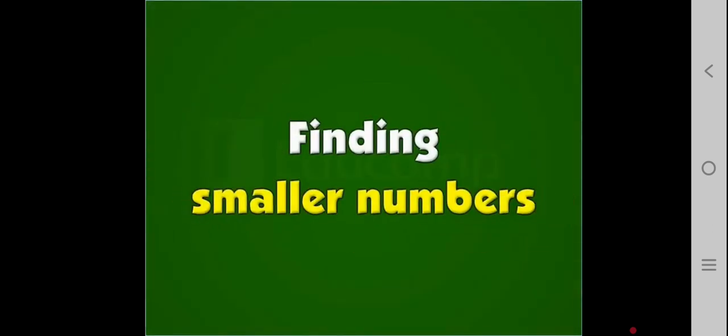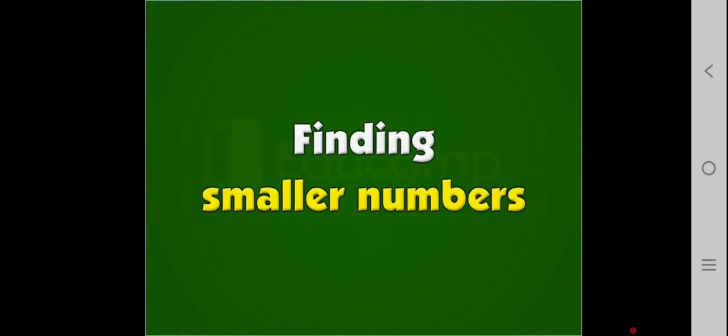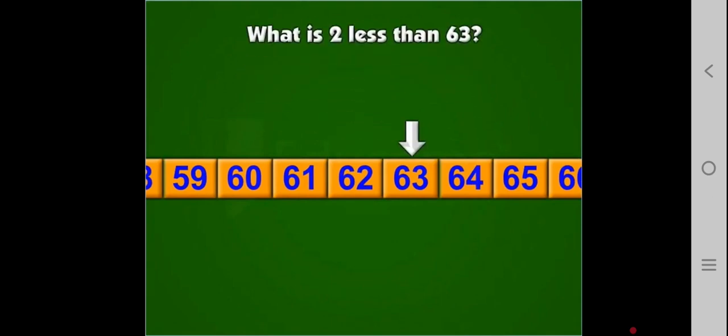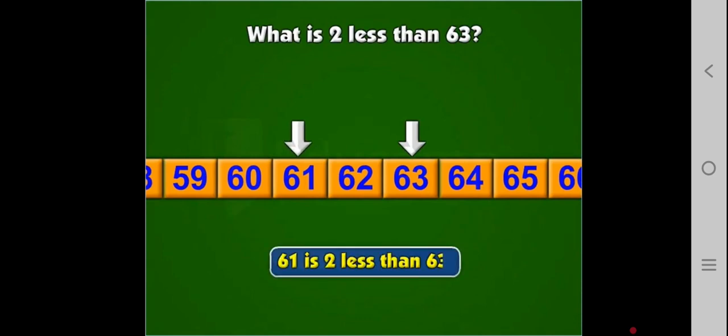Next, let's find out about numbers that are smaller. What number is 2 less than 63? It is the number 61. 61 is 2 less than 63. Therefore, on the counting tape, we can also see that 61 is smaller than 63.